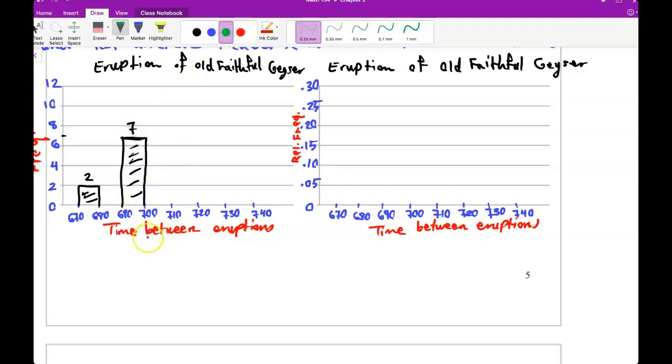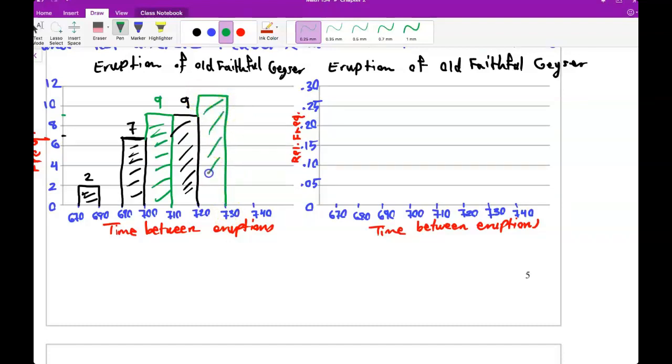Next one, between 700 and 710 we have 9. Again 9. Here is 11. And this one's 7.